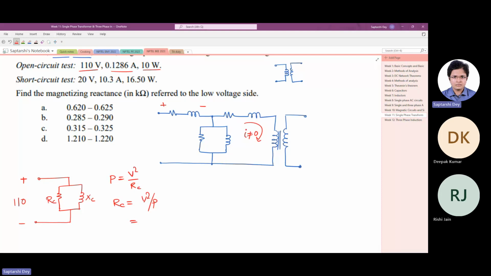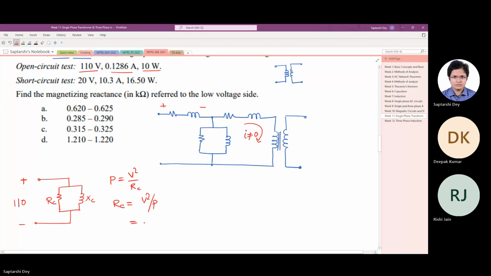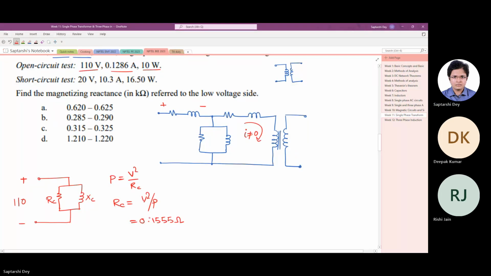If you do that, I did it in the morning, you will get 0.1555 ohm. Now we have to find XC.